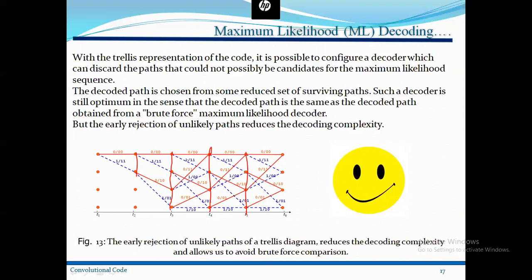Trellis-type decoding, which is called Viterbi decoding, also uses the maximum likelihood criteria, but it needs less memory and less complexity because of the early rejection of paths in the sequence.